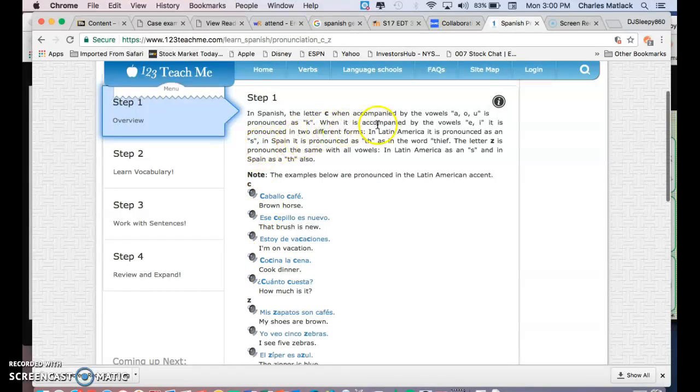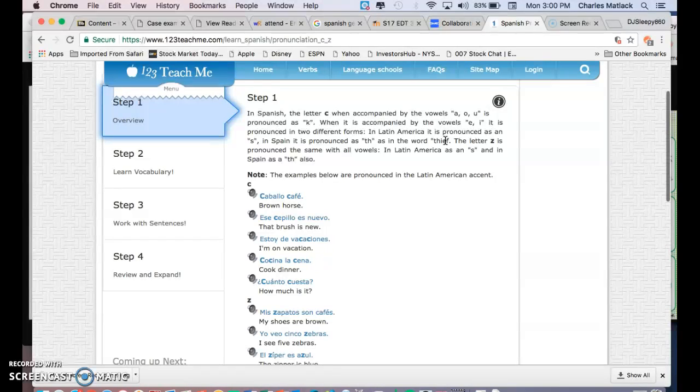Now, when it is accompanied by the vowels E and I, it is pronounced in two different forms. This gets a little confusing, but in Latin America it is pronounced as an S, and in Spain it is pronounced as TH, as in the word thief. Same with the letter Z in Spain, it's pronounced with a TH.